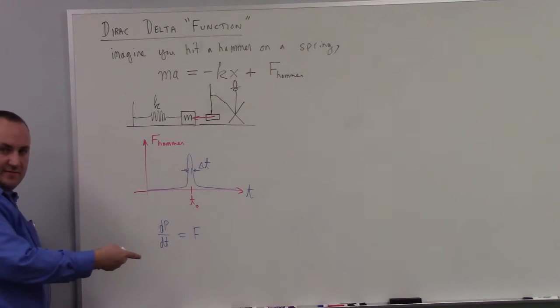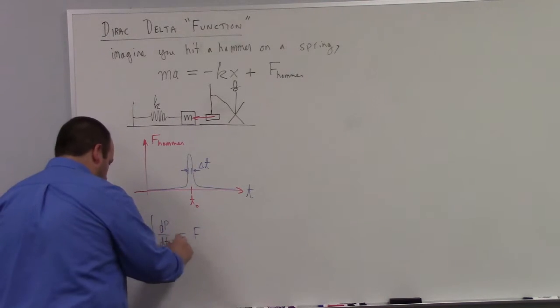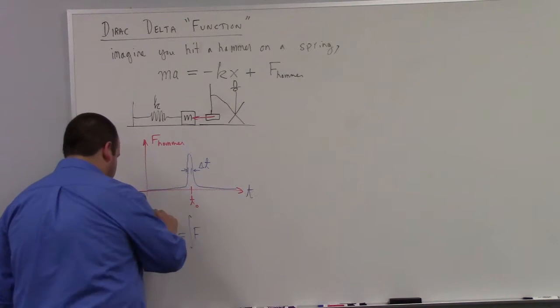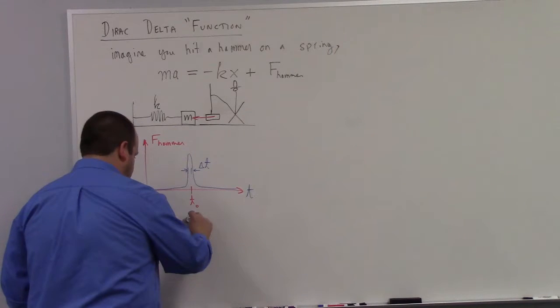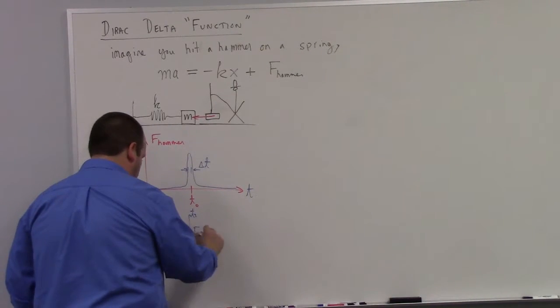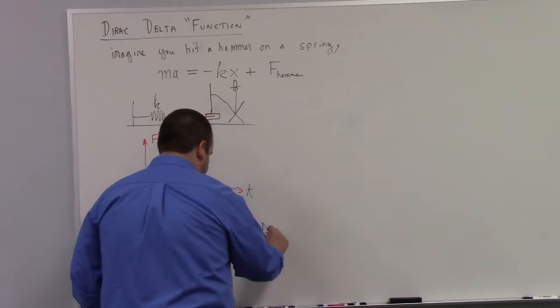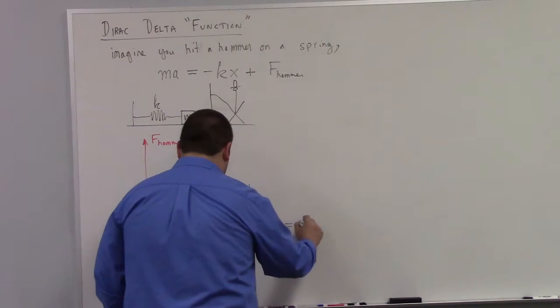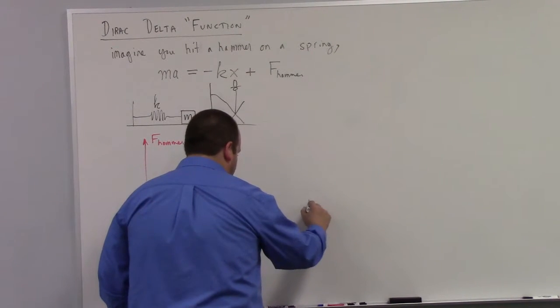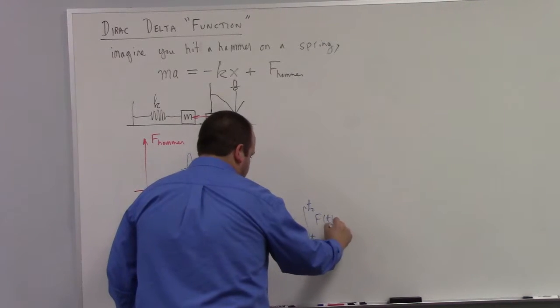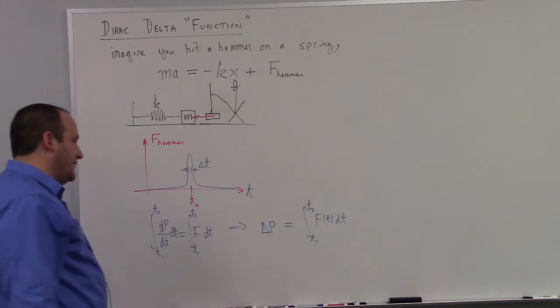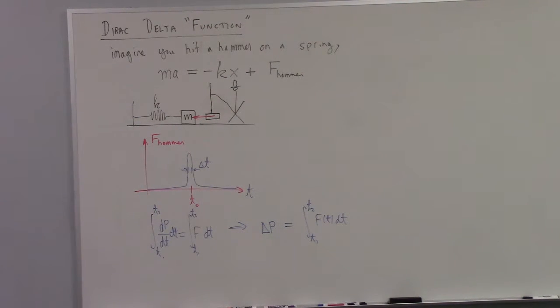But so if you integrate this, what happens? Say from t1 to t2, what do you get? We get the change in momentum is equal to the integral under the force time graph. So that's the significance of the area under a force time graph. It gives you the change in momentum, or what we call the impulse.